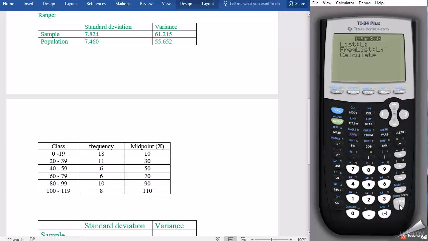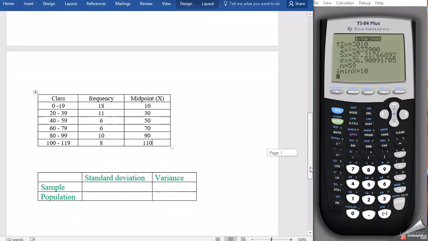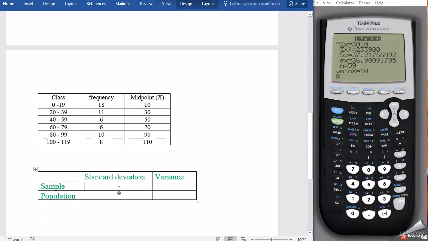So when we're done with this, we go to Calculate. You can see the mean. Now again, look at our sample standard deviation. Our sample standard deviation, let's write it right here, Sx, is 37.218.